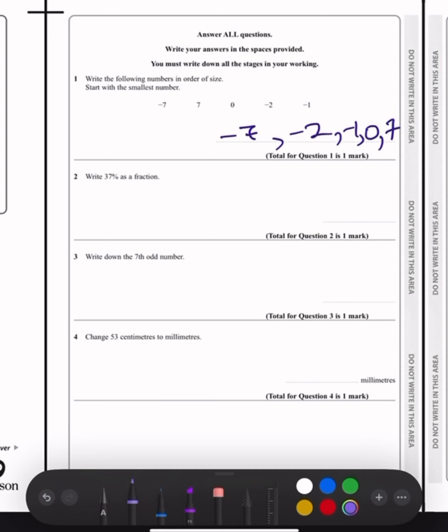Second question: write 37% as a fraction. As we discussed earlier, whenever we write percentages as fractions, it is written as a number over 100. In my paper 1 as well, there was a question where we had to write it as a percentage of something, related to a fraction question.